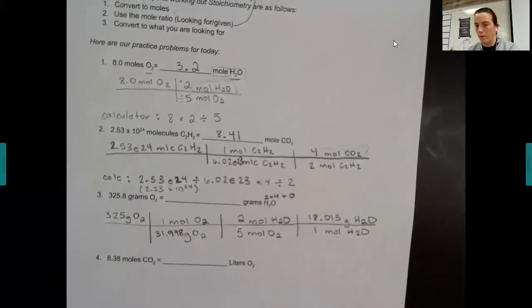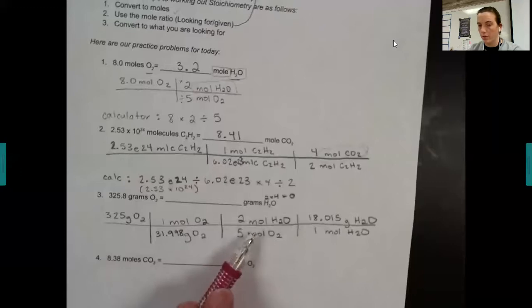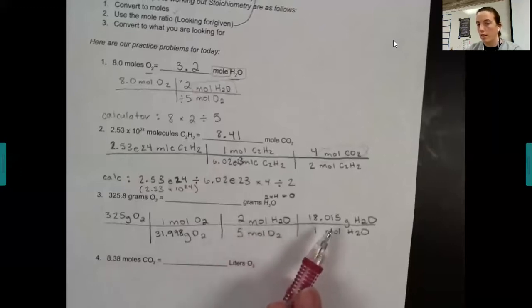Okay, so to recap what we did, we converted what we were given to moles. Then we used our mole ratio so we could go from talking about oxygen to talking about water. And then we used water's mass to convert it to grams for water for our final answer.